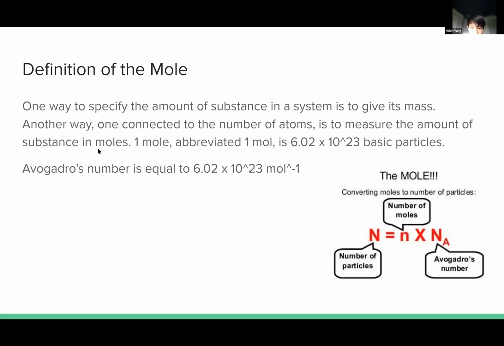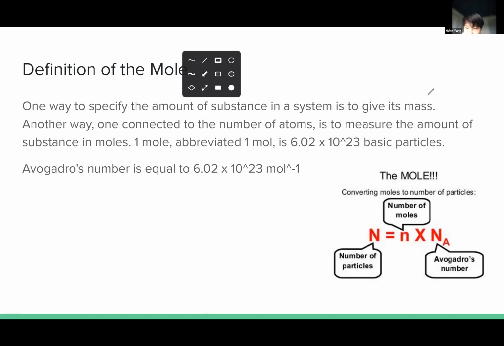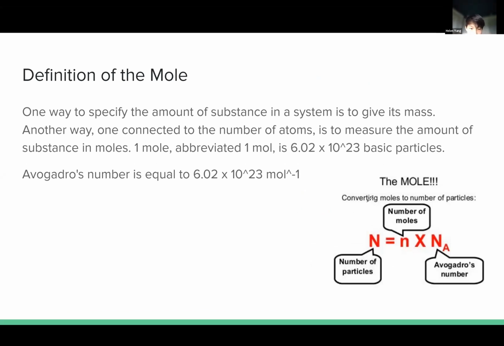Okay, so this is the definition of a mole. One way to specify the amount of substance in a system is to give its mass. Another way, one connected to the number of atoms, is to measure the amount of substance in moles. And 1 mole, abbreviated as 1 mol, is 6.02 times 10 to the power 23 basic particles.